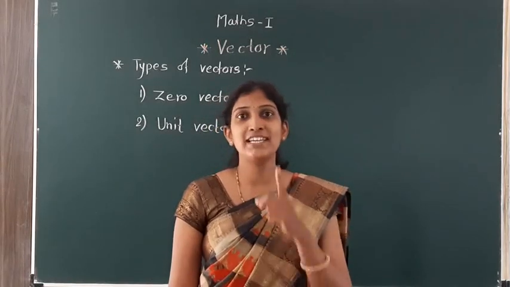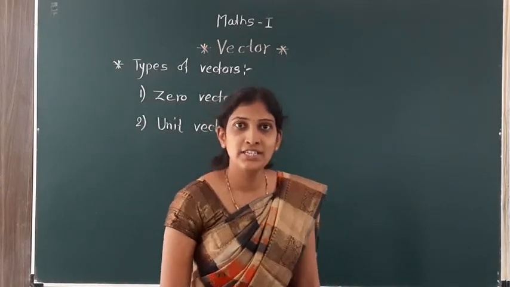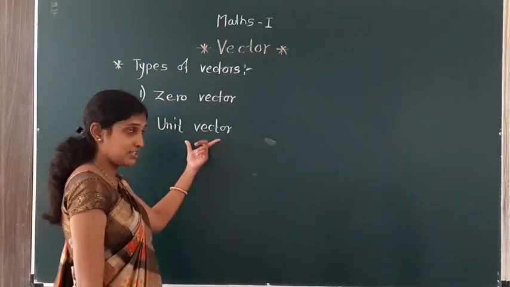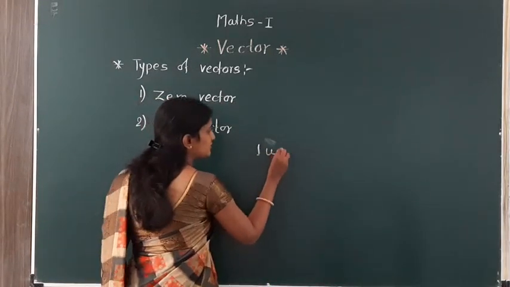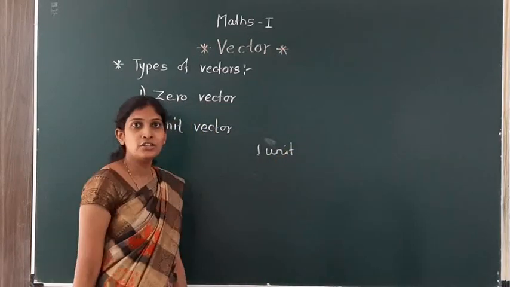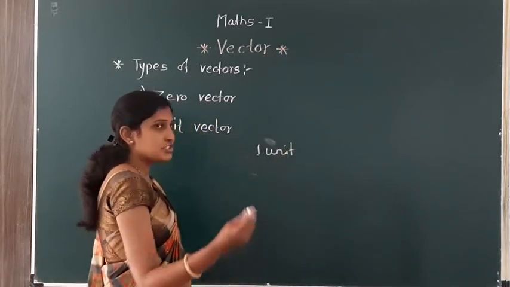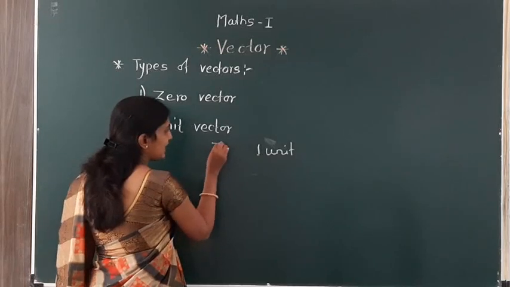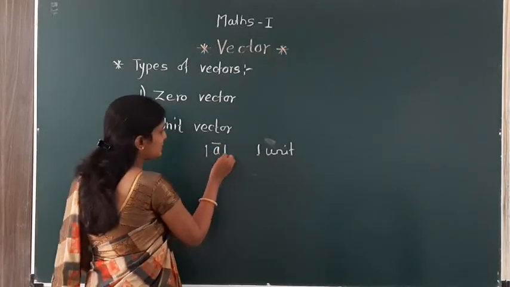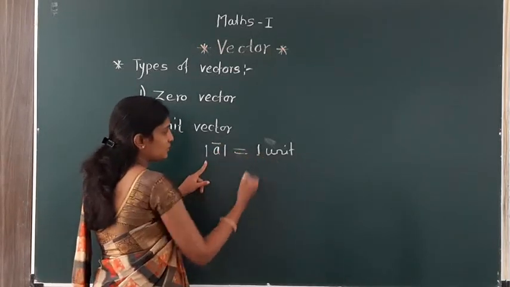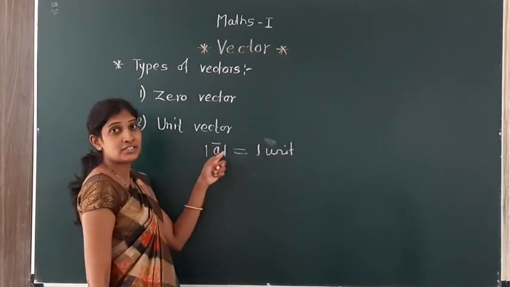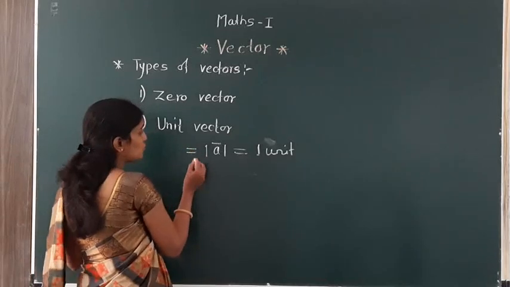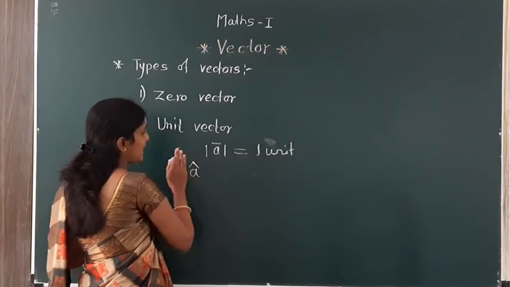The vector whose magnitude is 1 unit is called a unit vector. Suppose there is a vector a bar and its magnitude mod of a bar is 1 unit, then it is a unit vector and it is denoted by a cap.